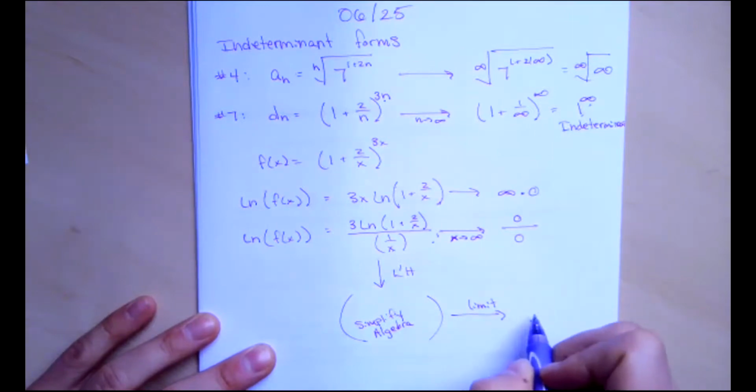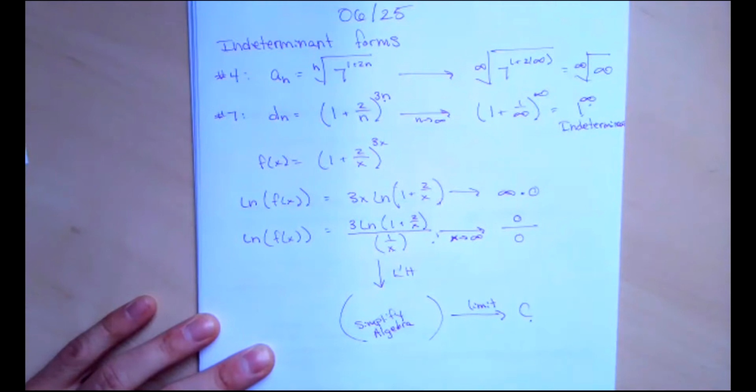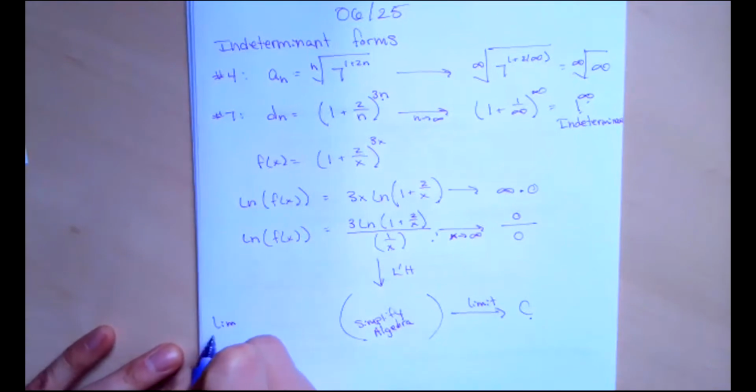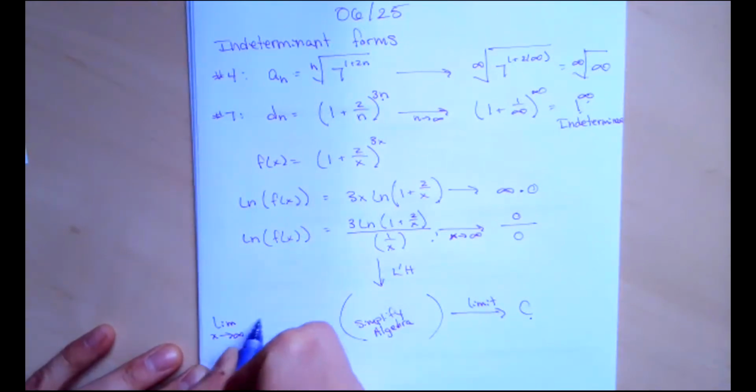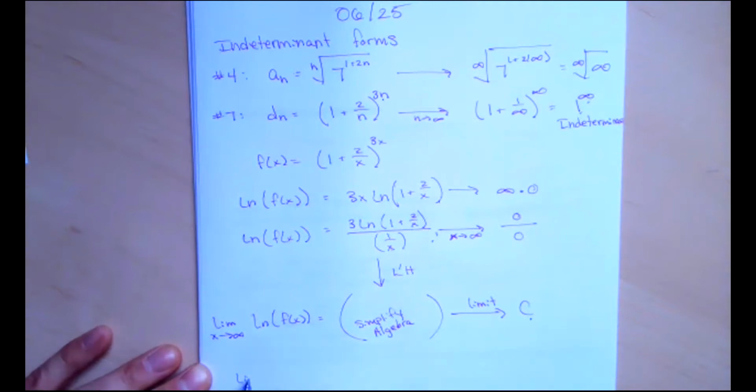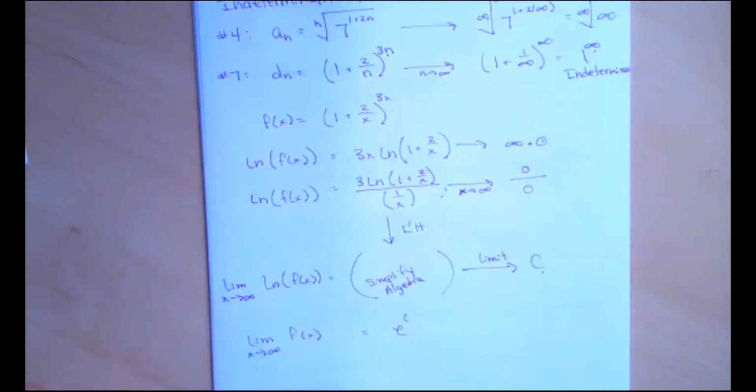You should get some finite number. Remember to exponentiate at the end. This is really our limit of the natural log of the function. And so to undo that natural log, the limit of the function should be e to the c.